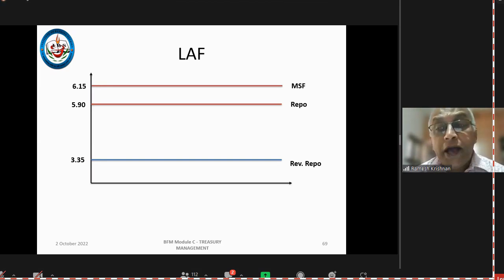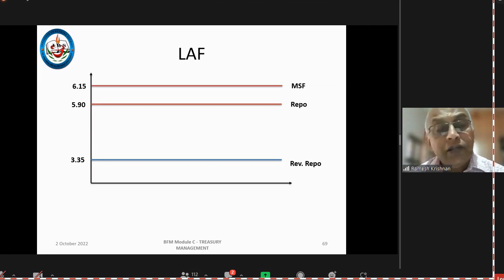Banks short of SLR can dip into 2% of their SLR and still avail at 6.15 MSF. These are the levels at which liquidity is being injected into or withdrawn from the system so that call money operates within the corridor.